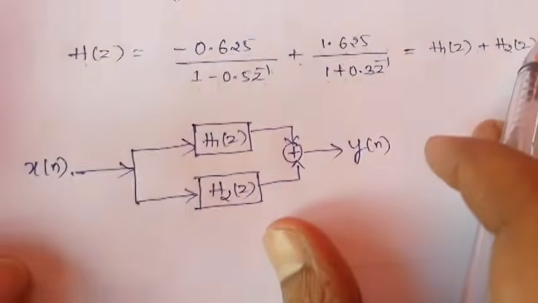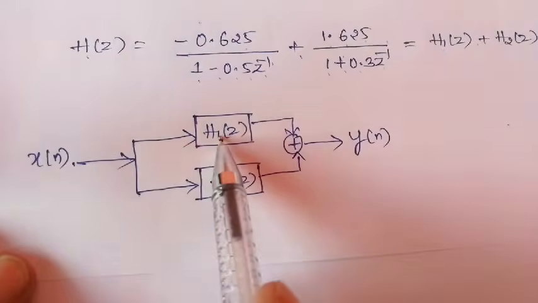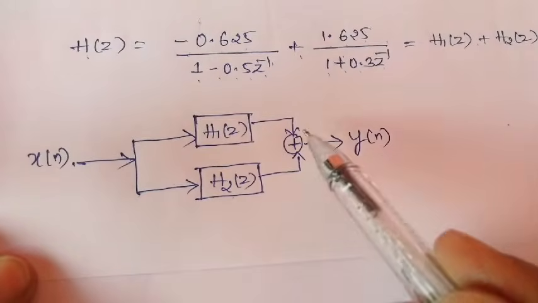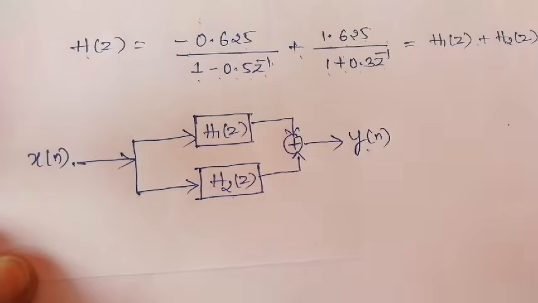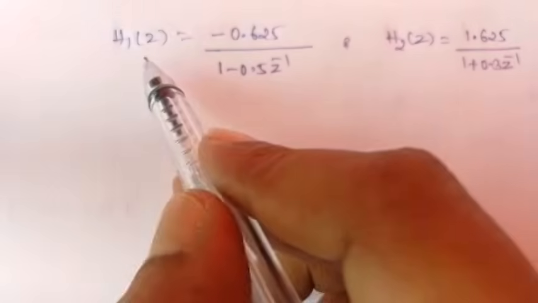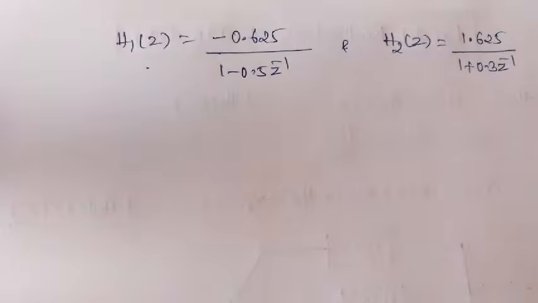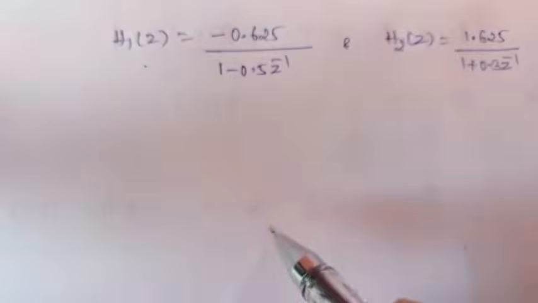So x of n is passed to H1 of z and H2 of z. Finally, we add and get y of n. Let us realize these two system functions H1 of z and H2 of z in direct form 2. First I will realize H1 of z.